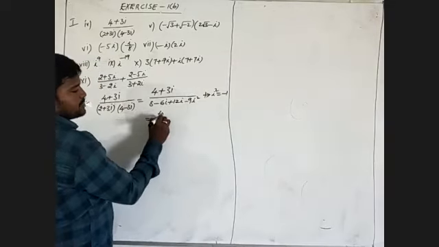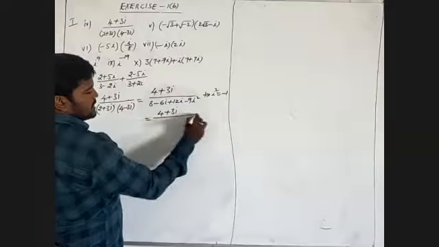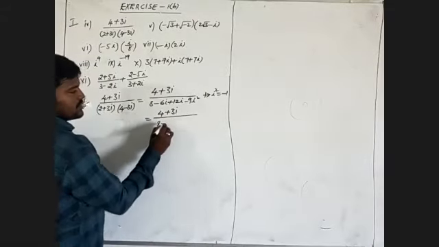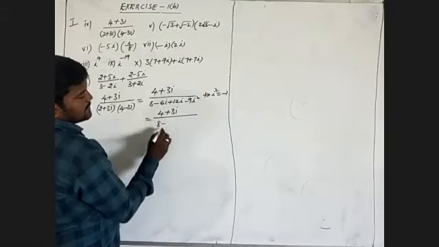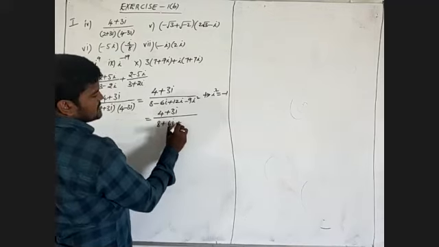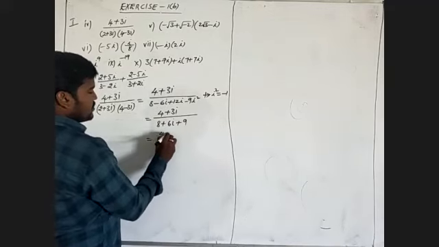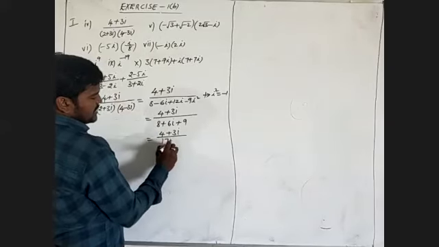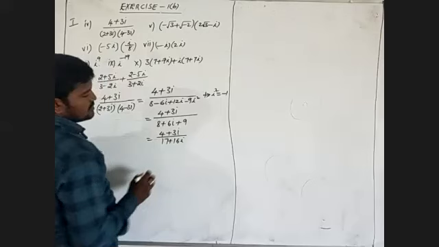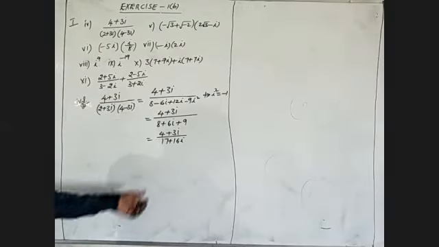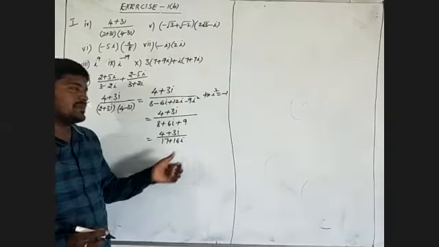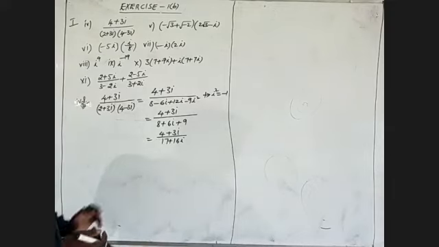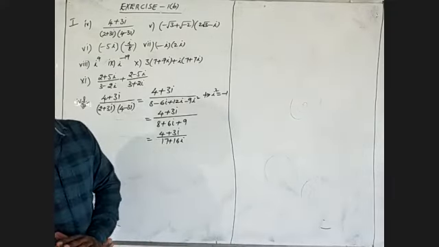That means 4 plus 3i by 8 minus 6i plus 12i, which becomes 6i plus 9. That means 4 plus 3i by 17 plus 6i. Already we know that the conjugate of 17 plus 6i must be written as 17 minus 6i.